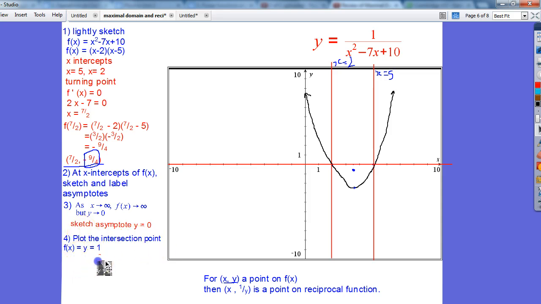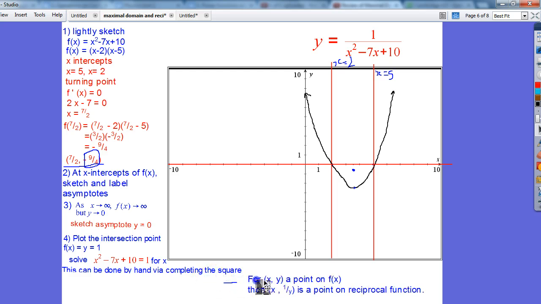So this is the point where the reciprocal function intersects the parabola. So we are solving x squared minus 7x plus 10 is equal to 1 for x. And when done by hand, we have to do this by completing the square.